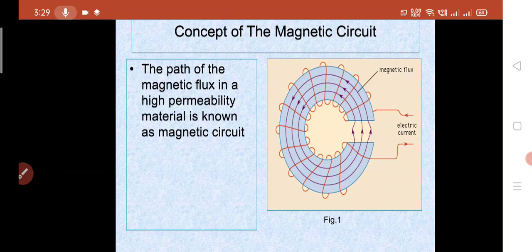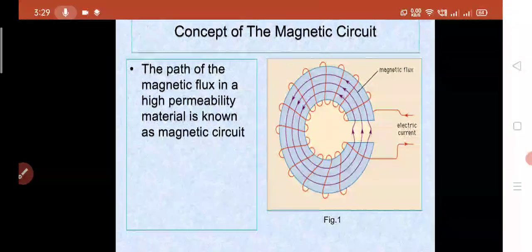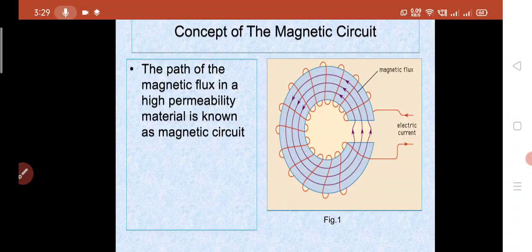The amount of flux produced in the core depends upon current I and number of turns N. The product NI is called magnetomotive force, MMF, and determines the amount of flux produced in the magnetic circuit.